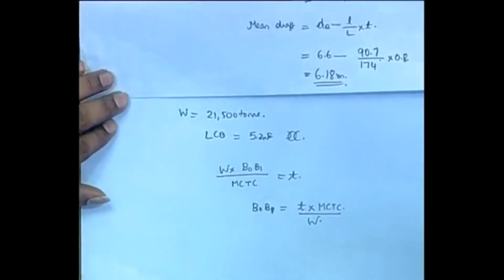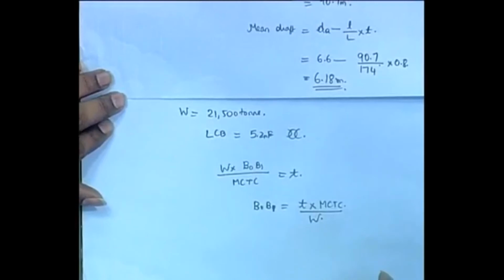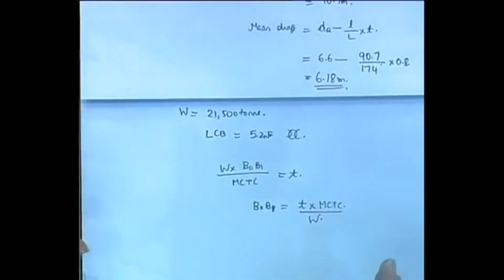No, it's not the change of trim, it's the trim. If it is at even keel, you have something like this; you have a trim, draft aft minus draft forward. In this formula, please study this carefully, because people make a lot of mistakes here. There is one thing called draft, one thing called trim, and one thing called change of trim. Three things.